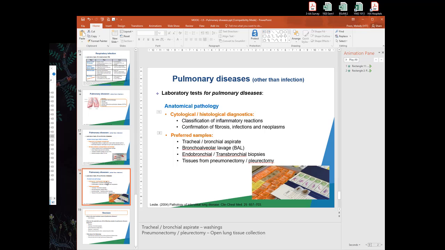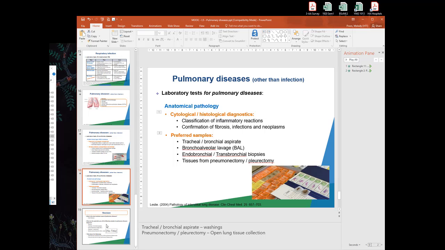Cytological or histological diagnosis can be used to classify inflammatory reactions and also to confirm fibrosis, infections, or neoplasms. For anatomical pathology tests, we prefer tracheal or bronchial aspirate, BAL, endobronchial or transbronchial biopsies, or tissues obtained during surgery.